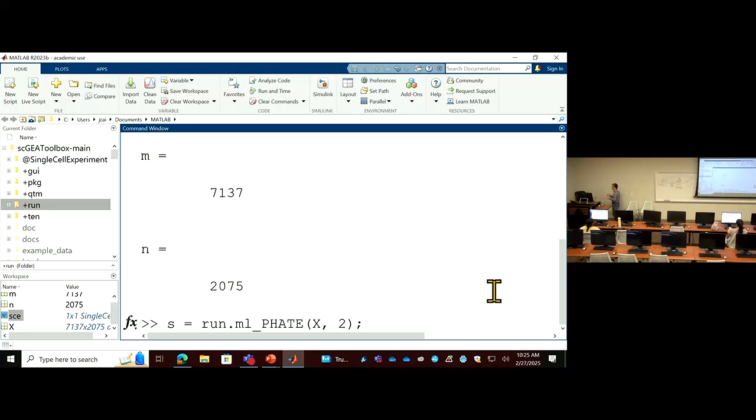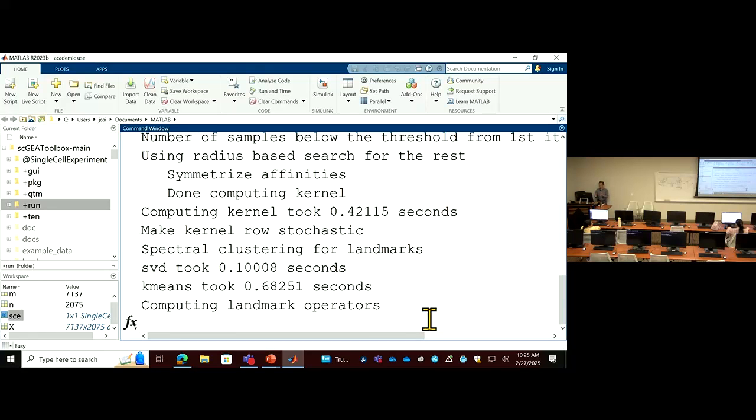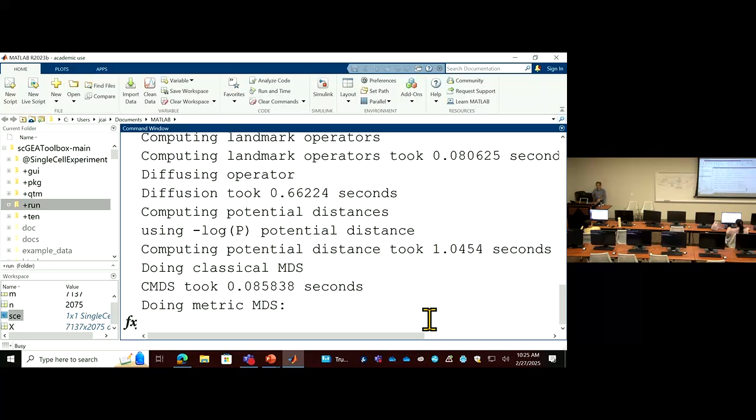We are calling the fit algorithm to run. You will see some feedback, the output from the program. It shows the intermediate steps. You will see PCA, you will see the computing of the distance matrix, and at the end you will see the MDS. So it's doing PCA before computing the distance.